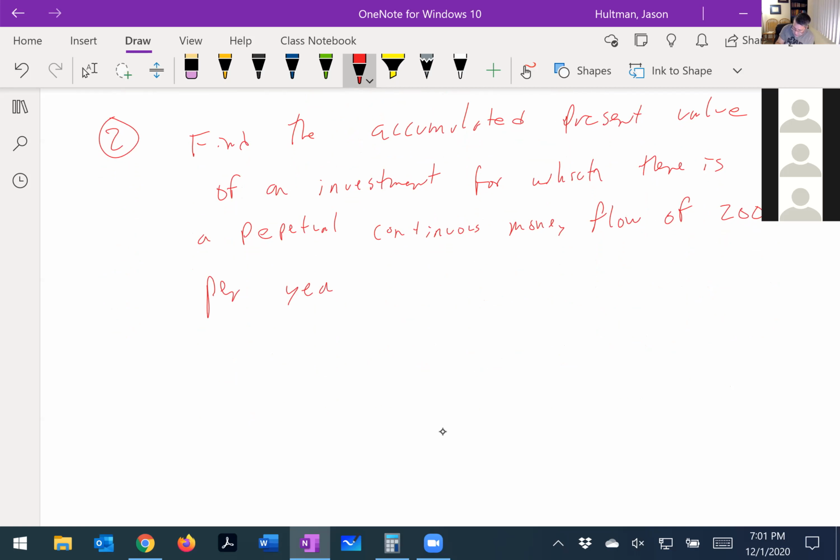So maybe this is like interest you're making and you're putting it into another account or something. Per year at an interest rate of 5%. So it's a continuous money flow, also compounded continuously.